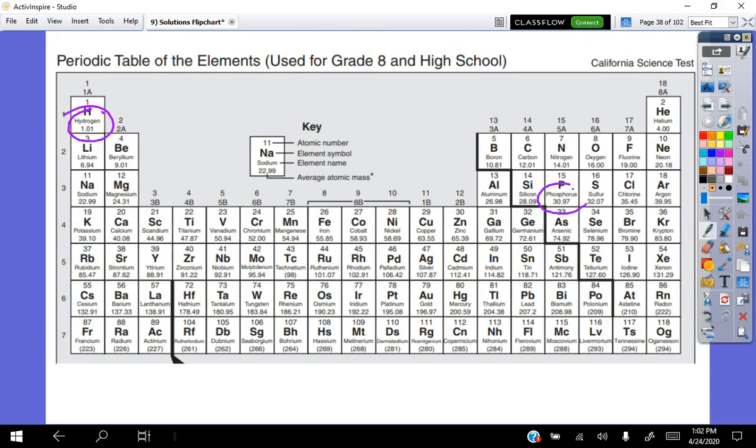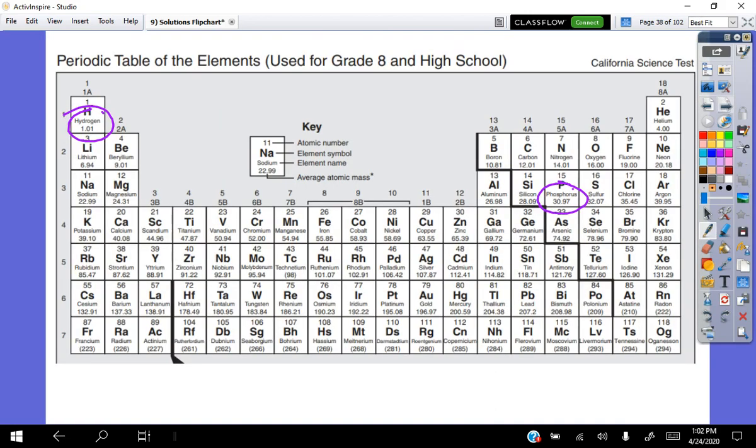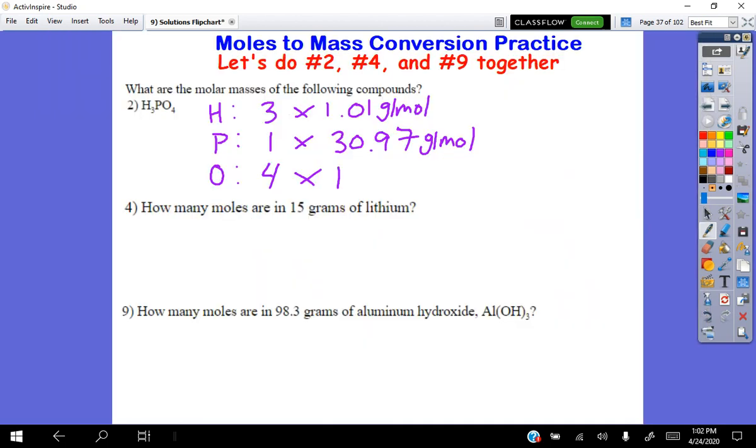I see phosphorus is 30.97 grams per mole. And then oxygen is 16 grams per mole. I'm going to multiply across for each of those, and then after I multiply across, I'm going to add them all together for my final answer.